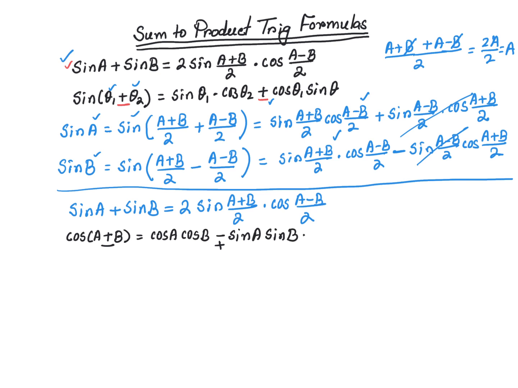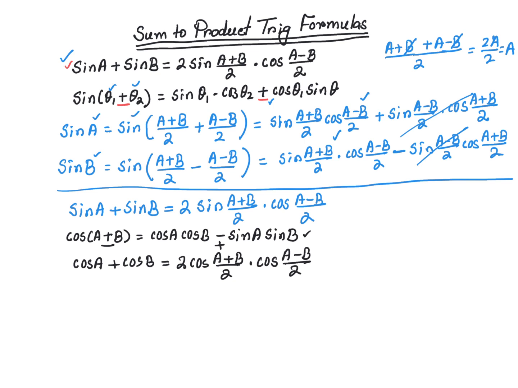So by taking this formula into consideration, we could similarly derive that cosine of A plus cosine of B is equal to 2 cosine of (A plus B) over 2 times cosine of (A minus B) over 2.